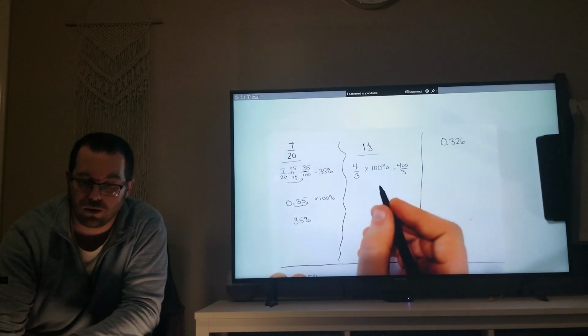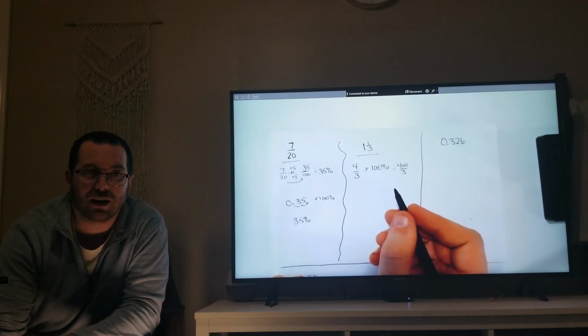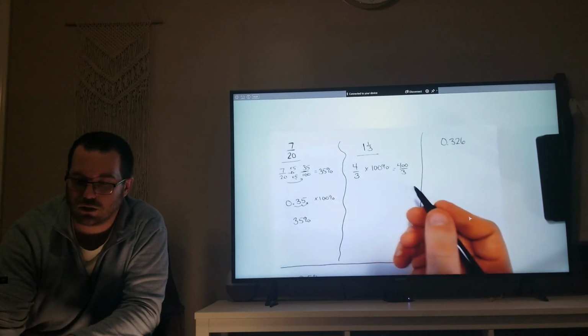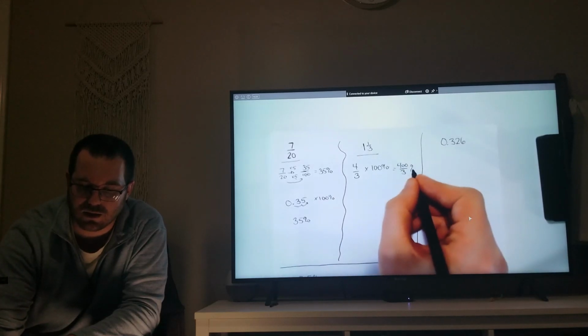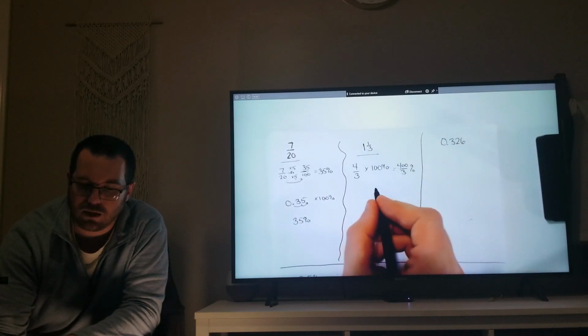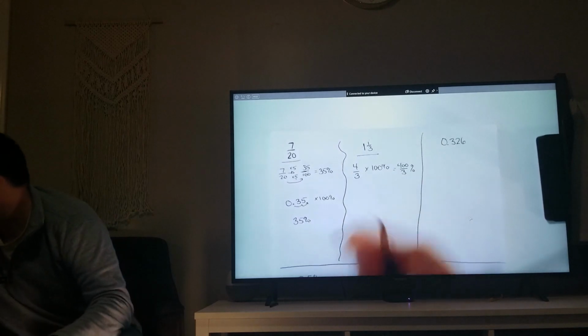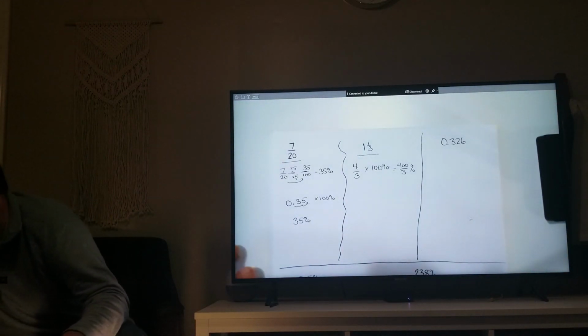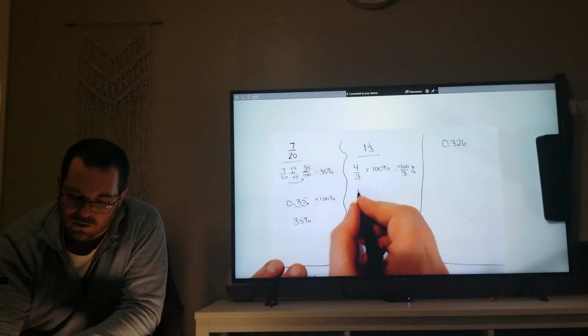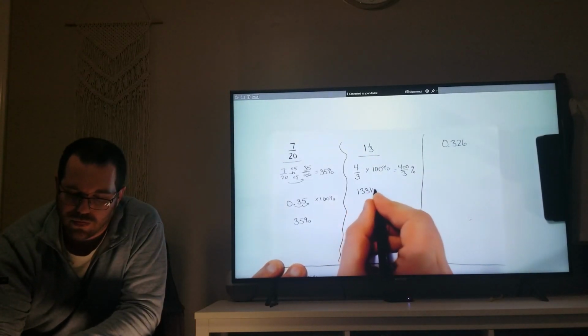I could keep going with this question, and I could try to simplify it as much as possible. And in this example here, as a percent, it would give me roughly 133 and 1/3%.